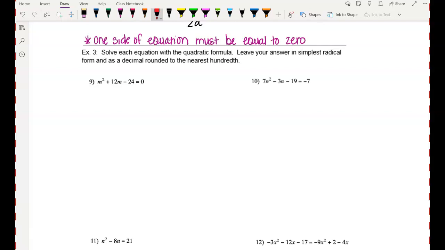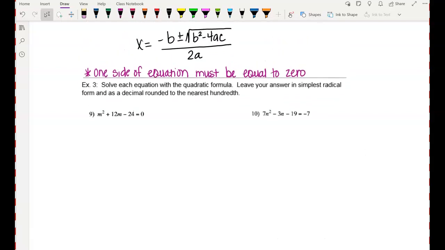So I look at this first problem here. M squared plus 12m minus 24 equals 0. The right-hand side is already equal to 0, so I can go with my A, my B, and my C. And again, if there's nothing in front of the m squared, that's like A is equal to 1.